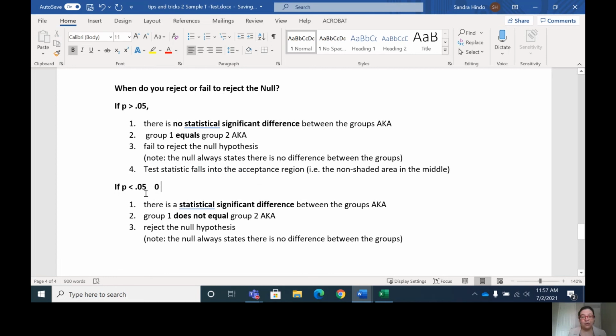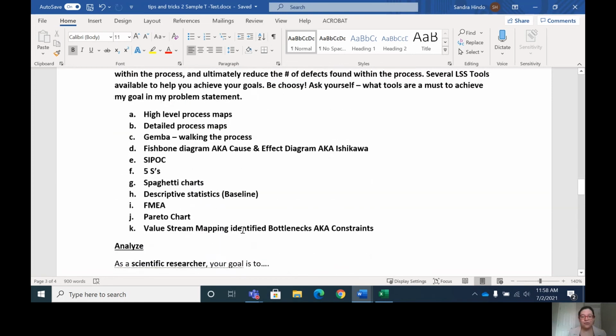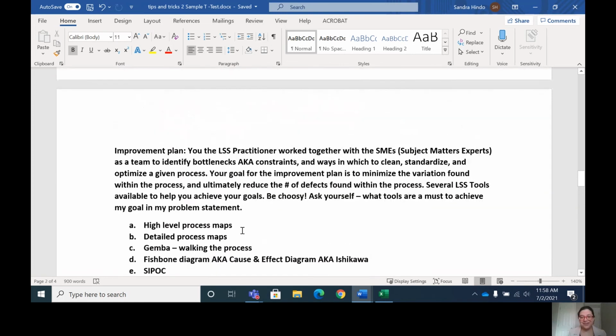If p is less than 0.05, this means there's a statistical significant difference between your two groups. This means group 1 does not equal group 2, aka you reject your null. And as a practitioner, your goal is to reject the null and claim that there is a statistical significant difference between the two groups. I want to take you back up here and show you the last part of the tips and tricks.